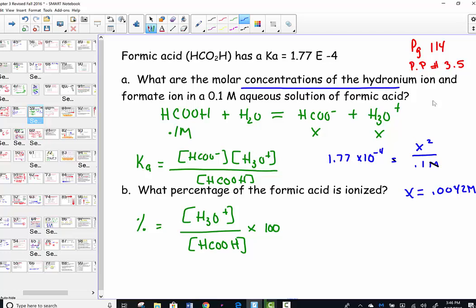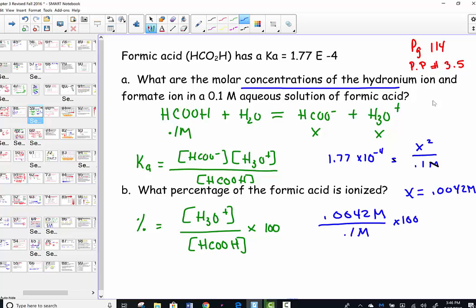What is the percent ionization? And to remind yourself, percent means part over whole. The concentration of the ion we determined above is 0.0042 molar units of the hydronium ion, the letter X, over the original concentration, which was 0.1 molar, expressed as a percentage.